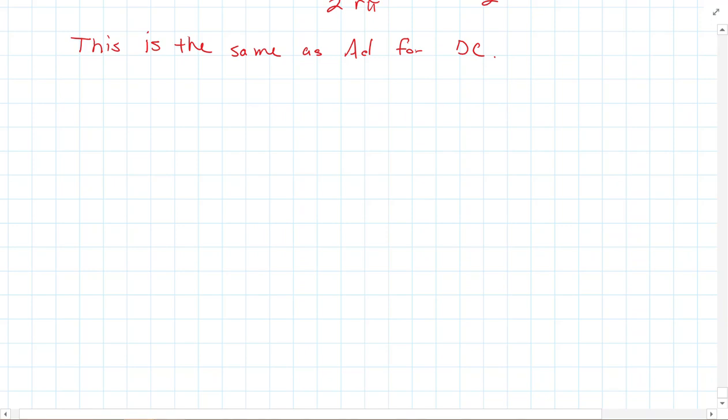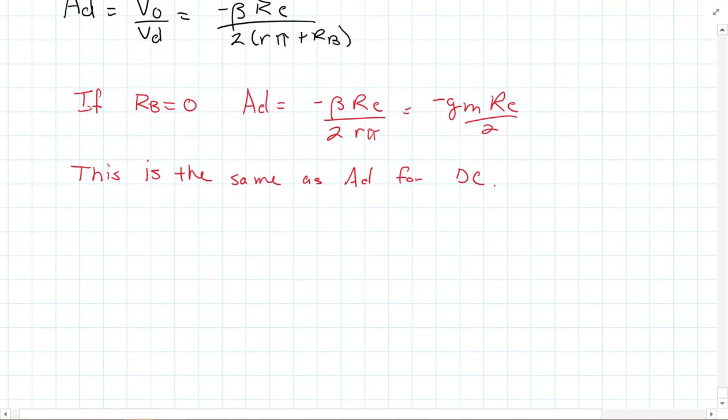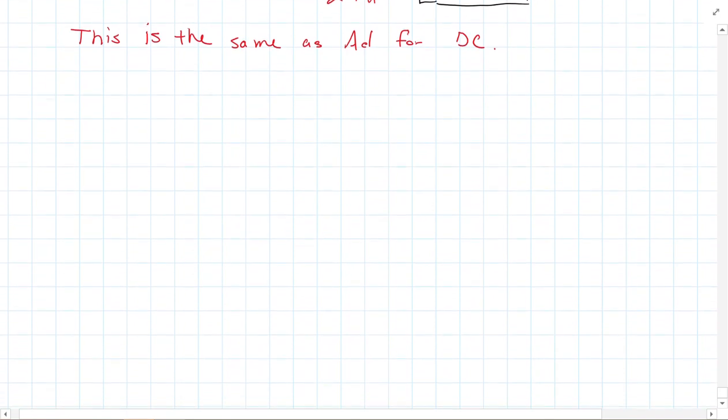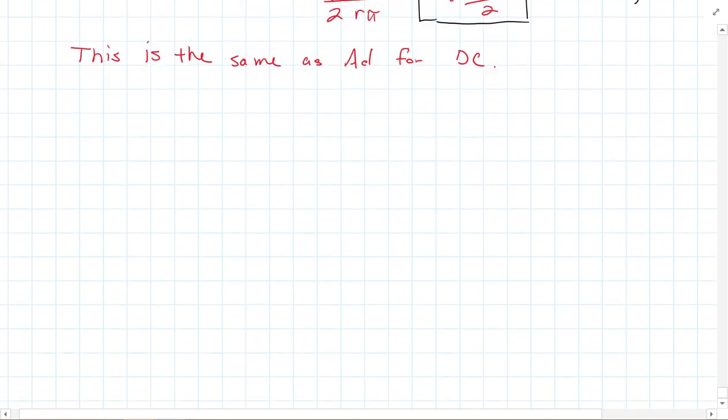Okay, so we left off where we had this here as my gain, my differential gain, but remember this is for small signal now. That's my small signal gain, which was the same as what we had for DC.